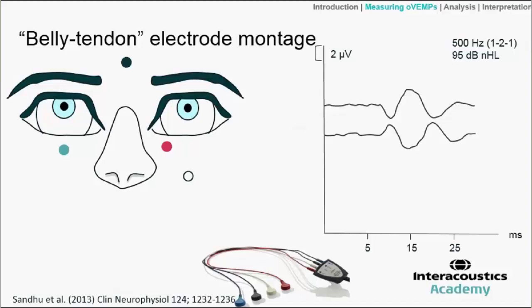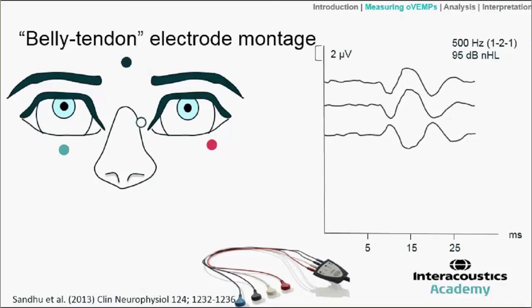So in making a kind of inference from the midline position to the medial position, there must be somewhere in between where there's a null point where you'd see no VEMP at all. On the other hand, if we move the electrode towards the outer canthus of the eye, there's very little effect on the VEMP amplitude, but we're well away from that potential null point there.